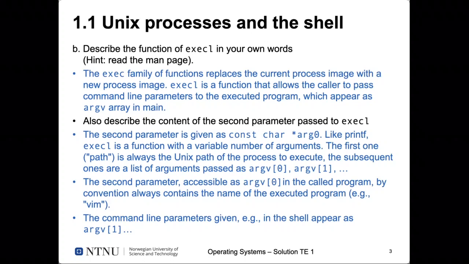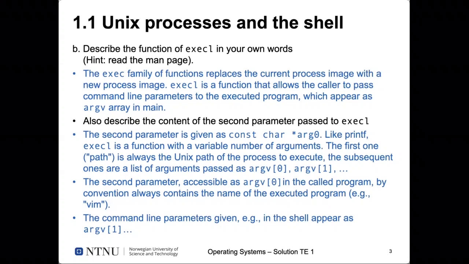There's a number of functions called exec, and we've seen they replace the current process image with a new process image. So execl is one of these functions, and that has parameters that allow the caller to pass command line parameters to the executed program. So something that a shell would use, and these appear as the argv array in your main function of your C program.